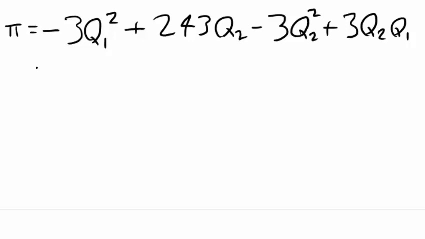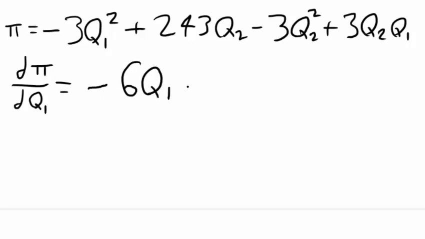But since we have two different variables, we would have to take the partial derivatives, or the derivatives with respect to each variable. So first off, we'll take the derivative of profit with respect to Q1. And so that derivative ends up being negative 6Q1 plus 3Q2 equals 0.